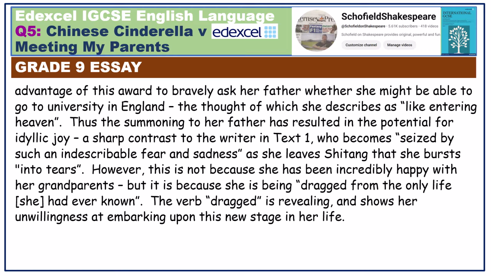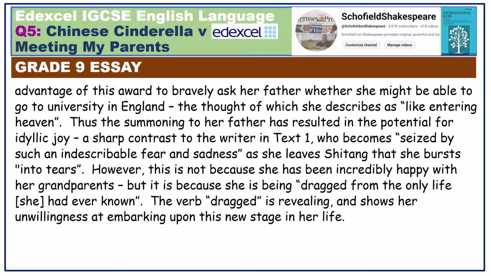Thus, the summoning to her father has resulted in the potential for idyllic joy, a sharp contrast to the writer in text 1, who becomes seized by such an indescribable fear and sadness as she leaves Shitang that she bursts into tears. However, this is not because she's been incredibly happy with her grandparents, but because she has been dragged from the only life she had ever known.